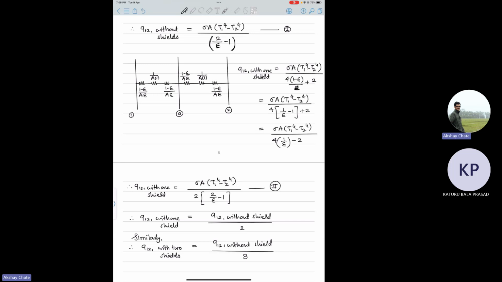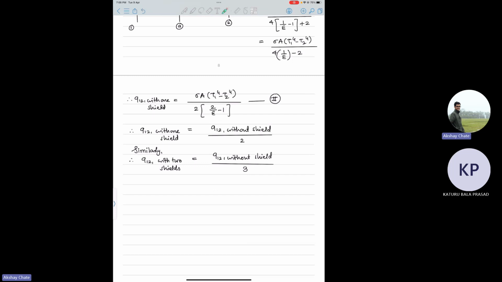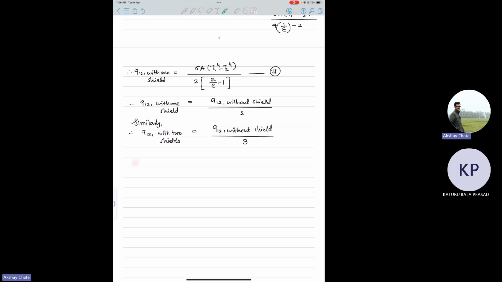Because what will happen, you'll add one more sheet like this in between, so these 3 resistances will again be there, then here it will be 6, and then when you take the difference, this factor will become 3. So therefore it looks like this. You can try, I encourage you to try that. That will make it clear. And therefore there is a famous general formula: Q1 to 2 with some n number of shields is equal to Q1 to 2 without any shield divided by n plus 1.